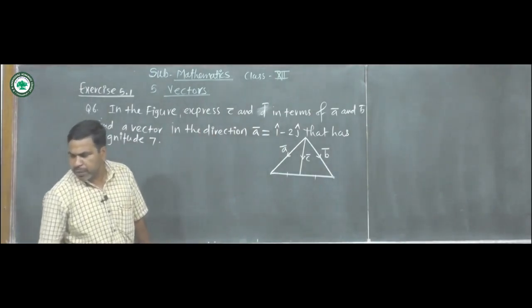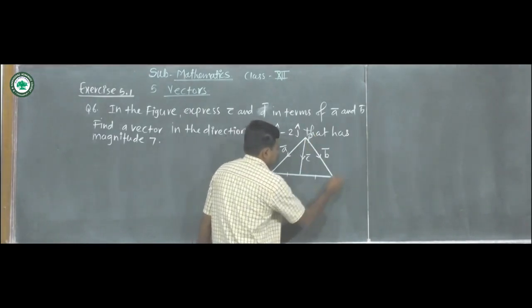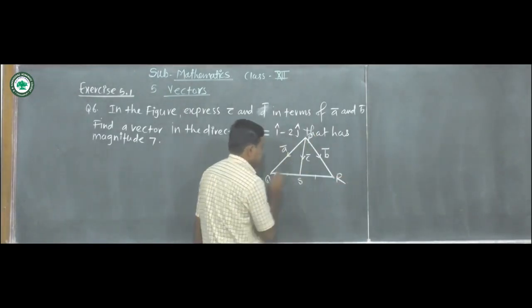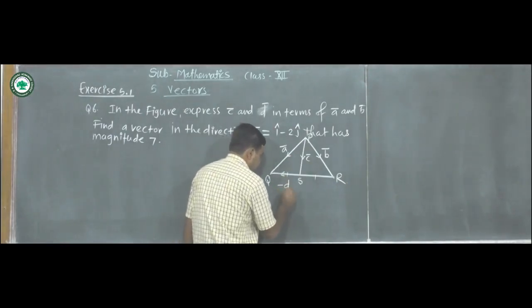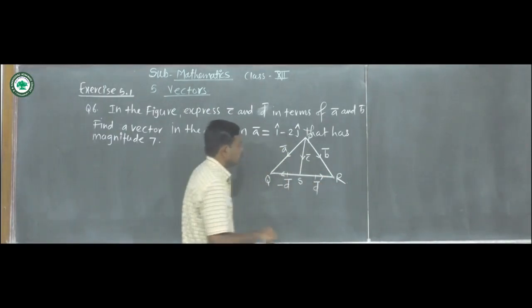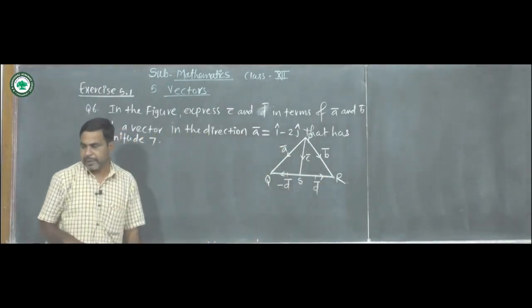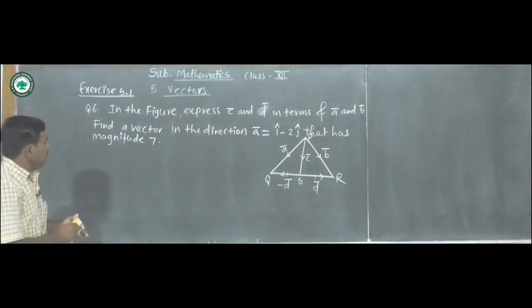The triangle is PQR, and this point is S. This vector is minus D bar, and this vector is D bar. Okay. Now see here.